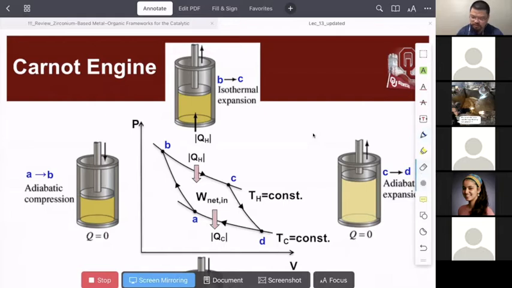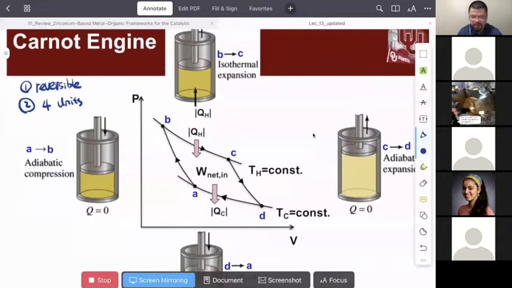This is the Carnot cycle. So number one is this is reversible. Right? We need to satisfy this reversible confinement or definition over there. The second is we need to have 4 units of the Carnot cycle. Shown on this slide, we have these 2 isothermal processes.